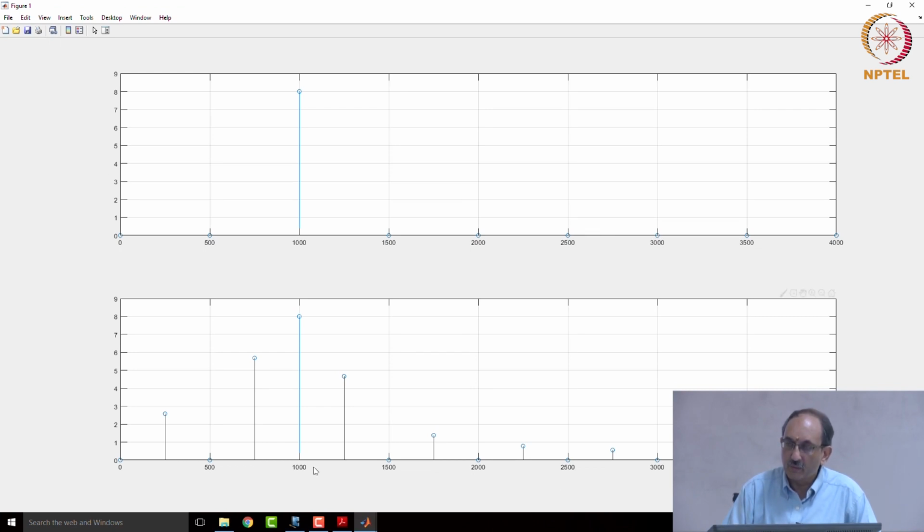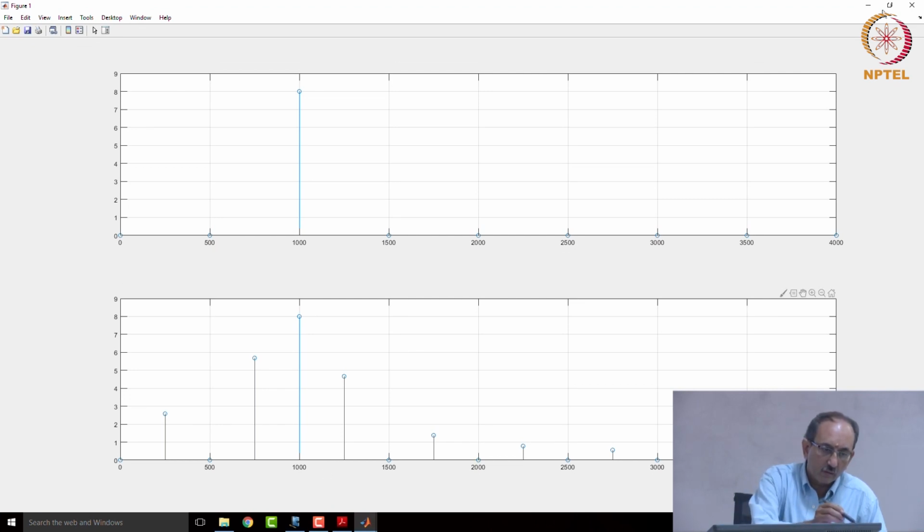I can repeat this with now making it 64 points, and now what will happen is between 500 and this you will have a new sample here. So, you will start filling the gaps here with newer and newer sample points, and this actually represents the sampling of the DTFT. Okay.